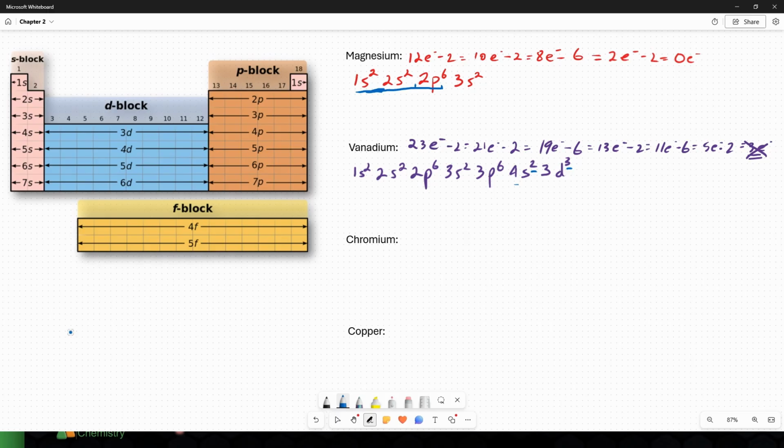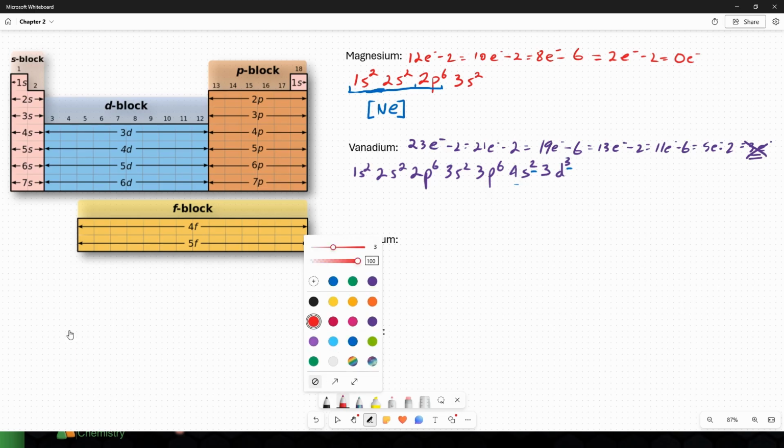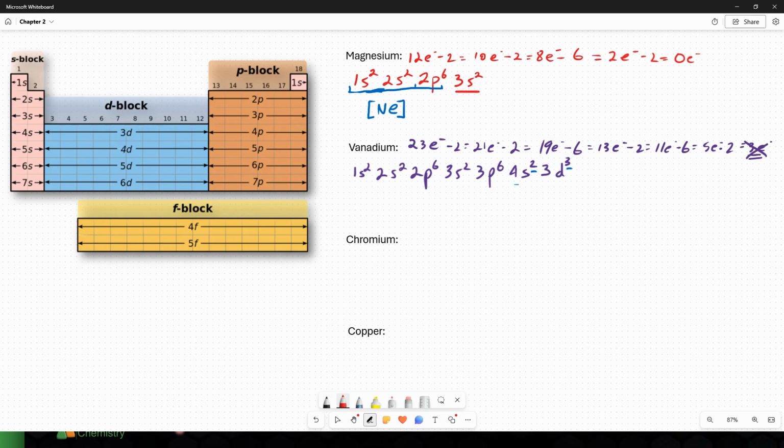We're going to find in the electron configuration of magnesium that last p6 and everything before it, including the p6, we're going to replace with that noble gas, neon. And then what's left over, that 3s2, we're going to include in our electron configuration. So neon 3s2, this is the noble gas electron configuration for magnesium.